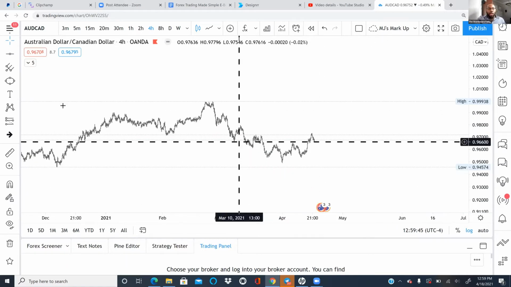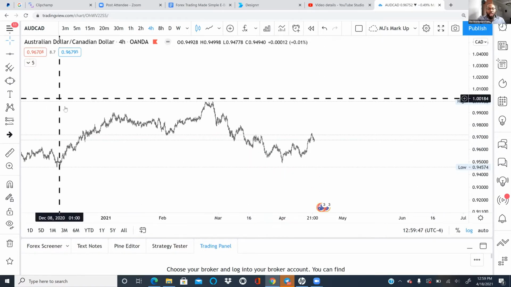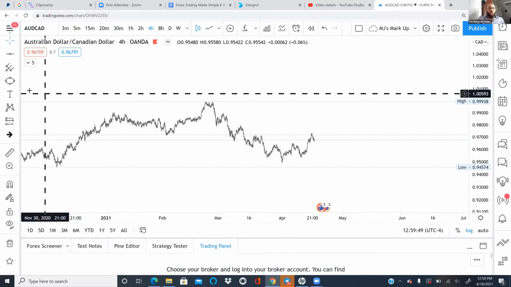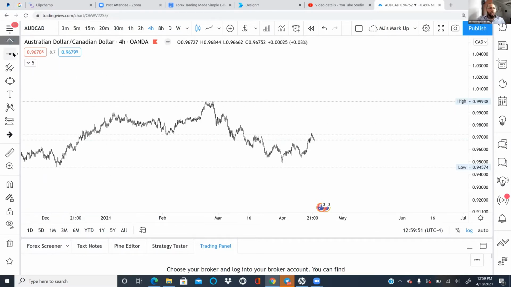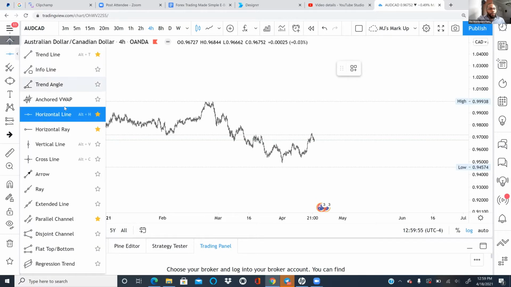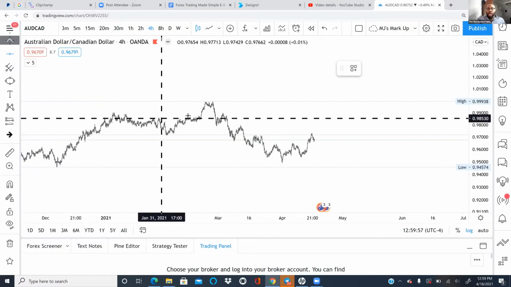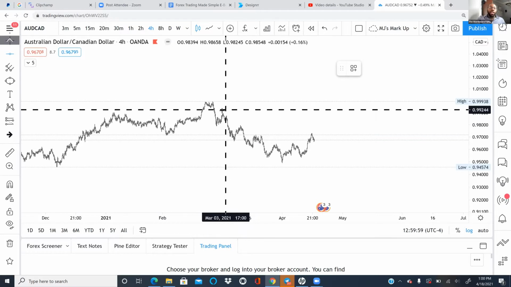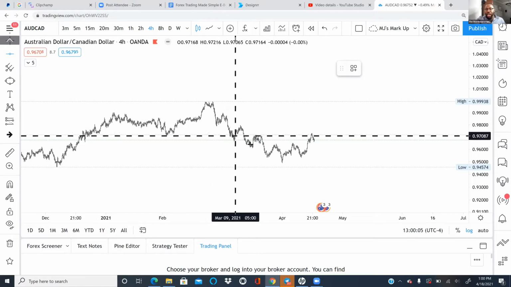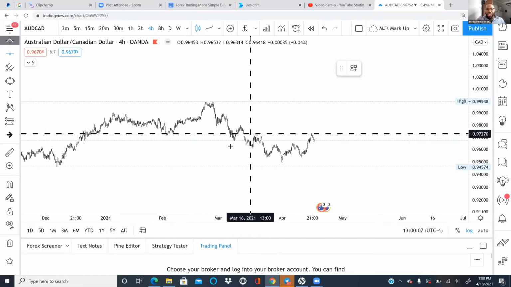So how do I find the 1,000 pip range so that I can find the quarter levels, which is the 250 pip range? First thing I'll do is grab my horizontal line tool. The number right after the decimal point is the thousandths place for pips, and I see that it's been operating in that 0.99, 0.95, 0.97 range.